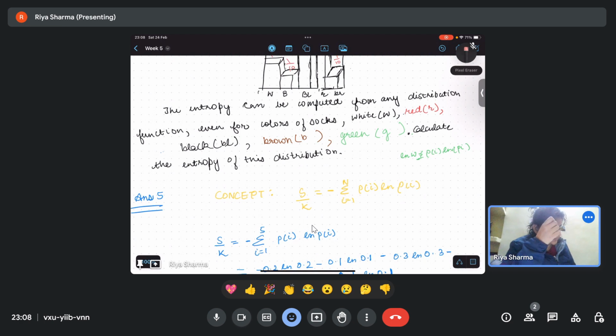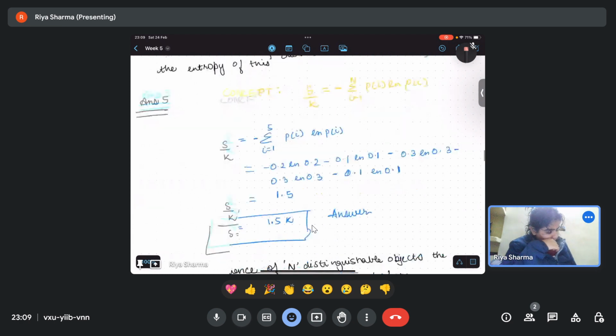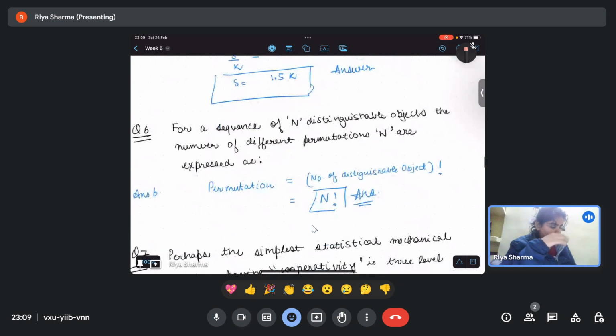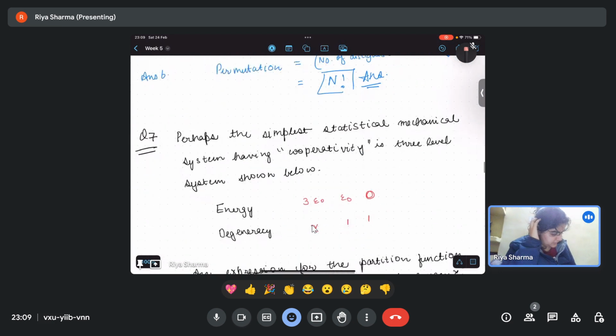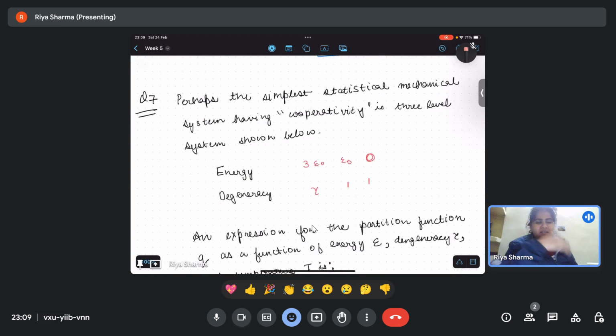So we have just replaced it by that, and S by k is equal to summation of 1 to n the probabilities into ln of pi. Next we got what is called permutation, what exactly permutation is, and then we learned about energy and degeneracy.